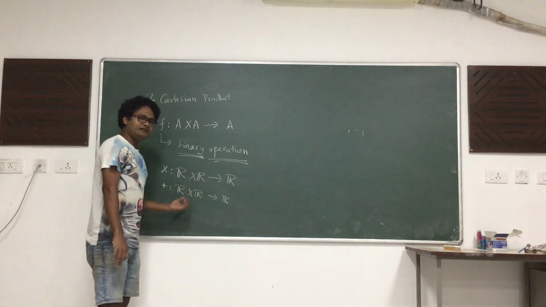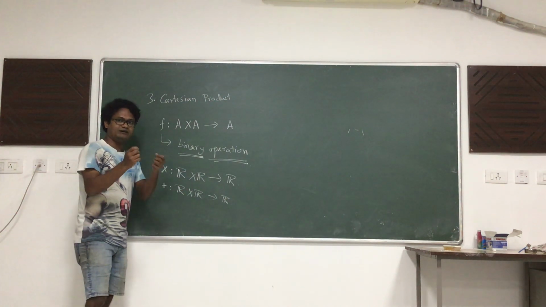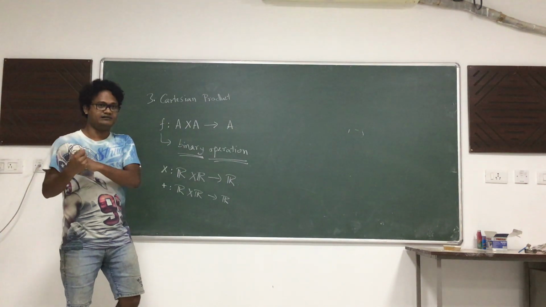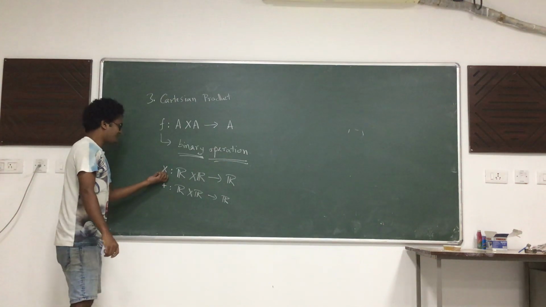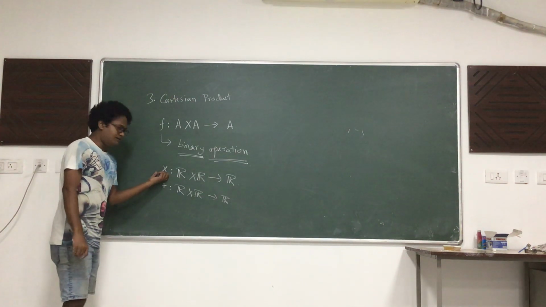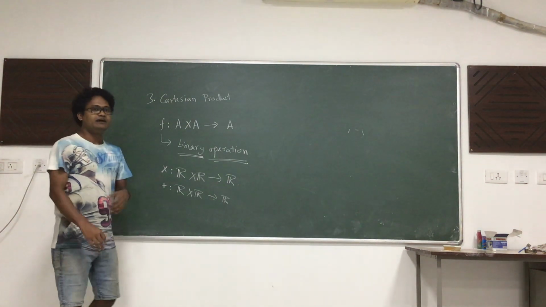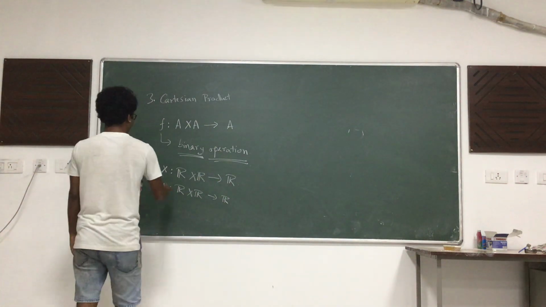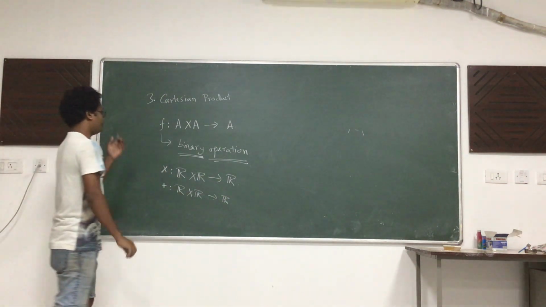But the requirement is that for every ordered pair in the set, I mean, give two real numbers, you have to give me another real number. That rule you have to define. But it is not necessarily the usual multiplication or usual addition. It can be some other thing that you yourself can define. Okay. So in that way, you can define the binary operation.